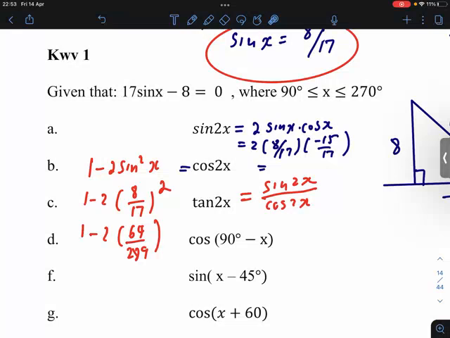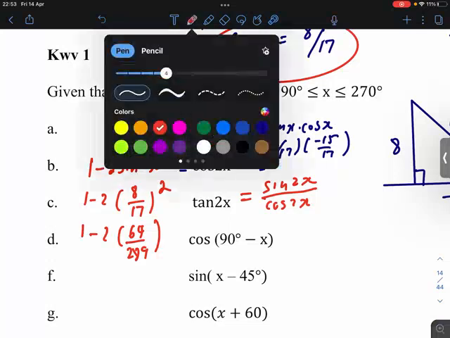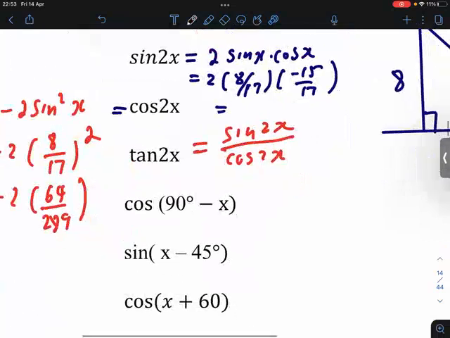Okay. What about cos of 90 minus x? It's just sine x.